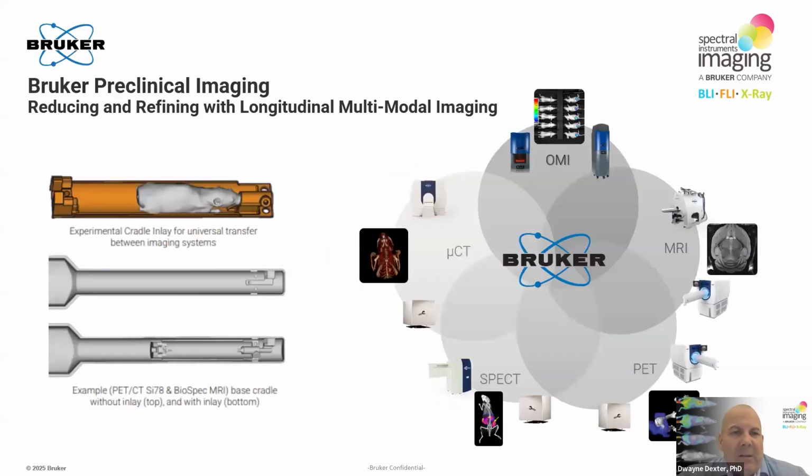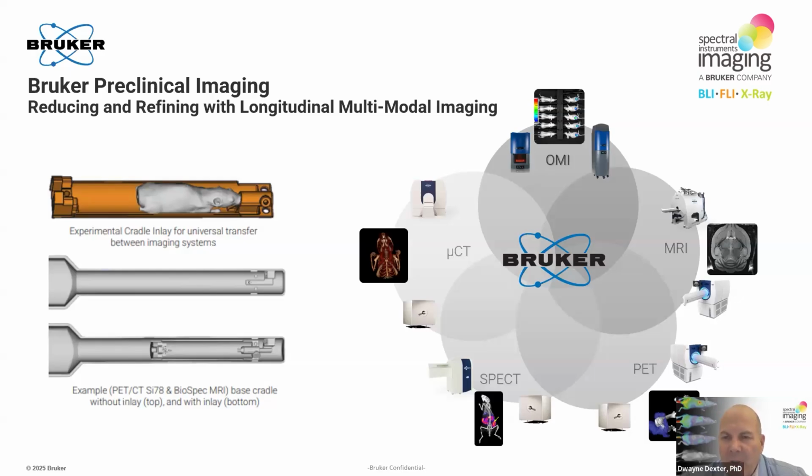So Bruker preclinical imaging, we have a strong emphasis on reducing and refining the use of animal models. Bruker preclinical imaging has the largest or broadest portfolio of preclinical imaging technologies. Because of this, we can take advantage of our internal expertise across the different modalities, and we're developing and building tools to allow not only longitudinal imaging, but multimodal imaging.